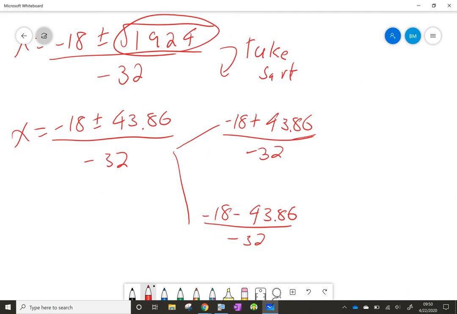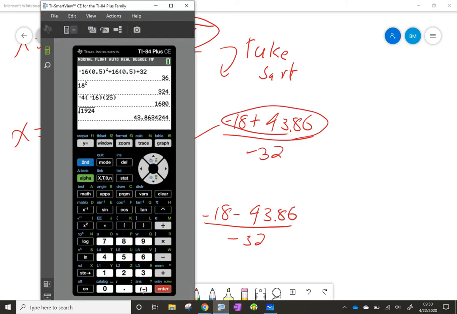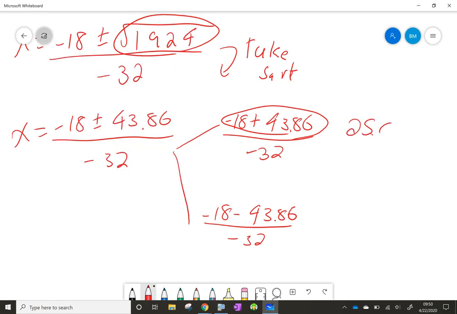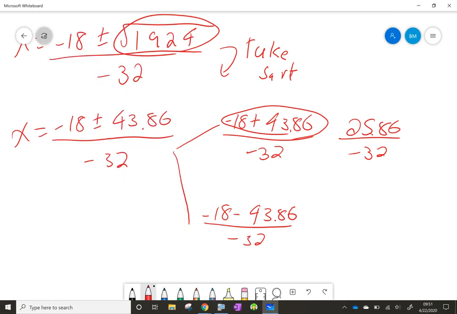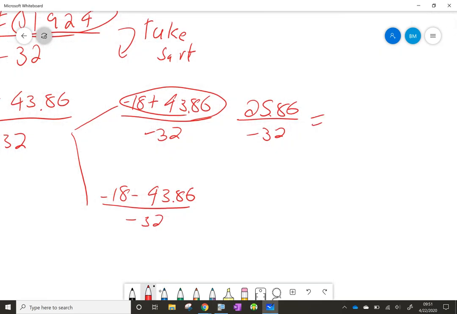Again, on our calculator, let's add these two numbers up. Negative 18 plus 43.86 ends up being 25.86. So 25.86 divided by negative 32 gives us essentially negative 0.8.